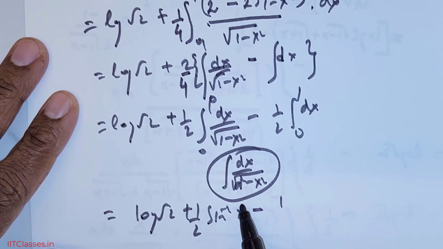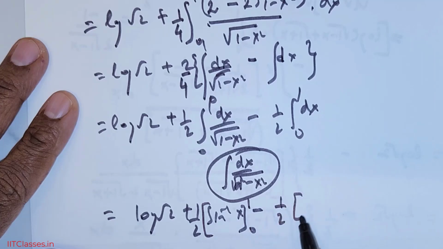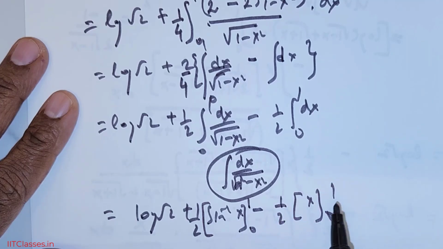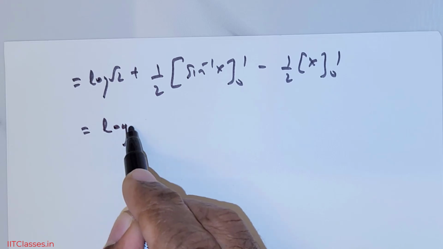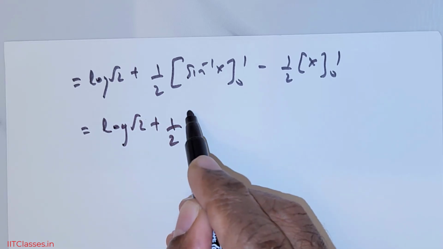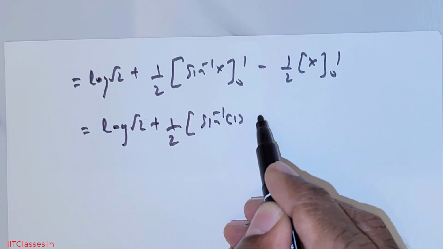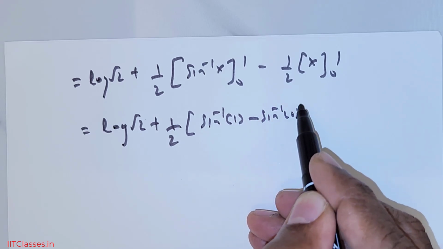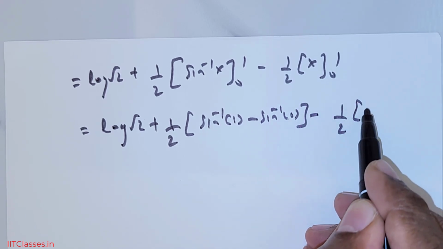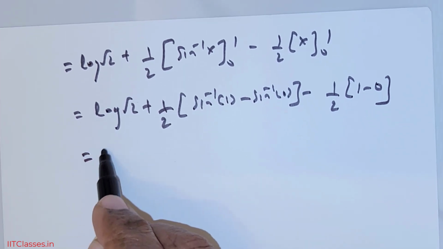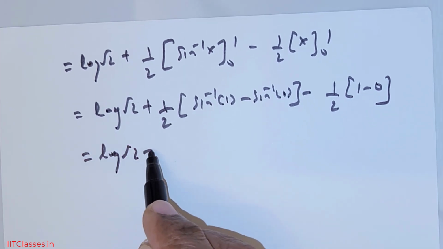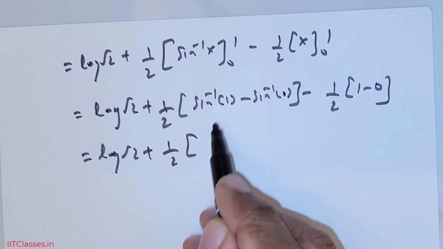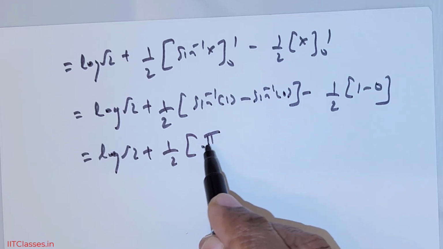So followed by the limits 0 to 1, and this is going to be 1/2 x, the limits are 0 to 1. This is going to be log root 2 plus 1/2 (sine inverse of 1 minus sine inverse of 0) minus 1/2 (1 minus 0), which is nothing but log root 2 plus 1/2 sine inverse of 1, which is going to be pi over 2.